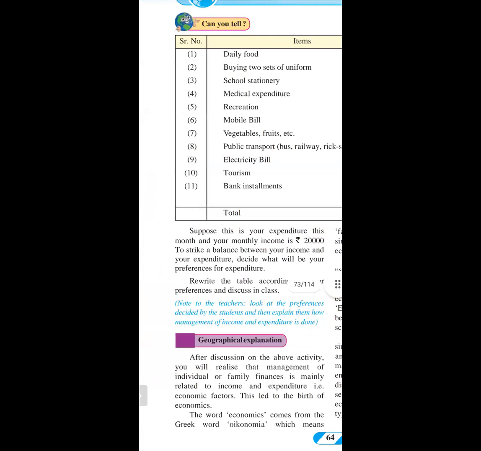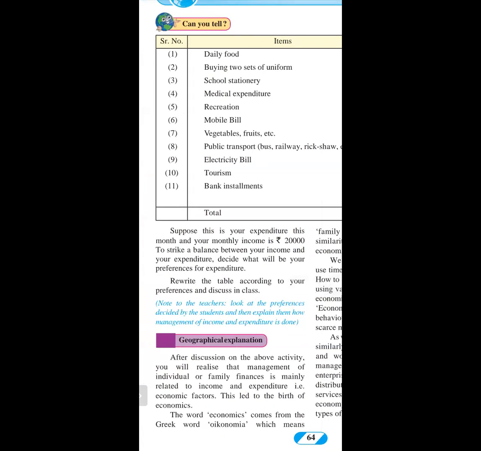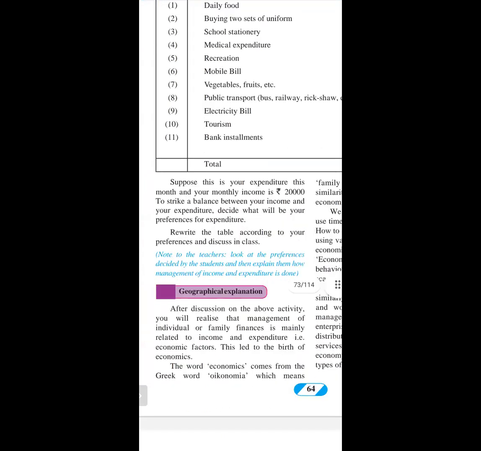See the geographical explanation paragraph, first paragraph. Okay, the individual or family finances, third line, mainly related to income and expenditure. Economic factors lead to the birth of economics. Only income and expenditure, that is the family factor. It is very closely related with the family finance system, income and expenditure.